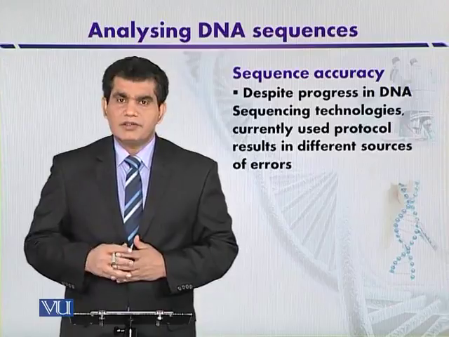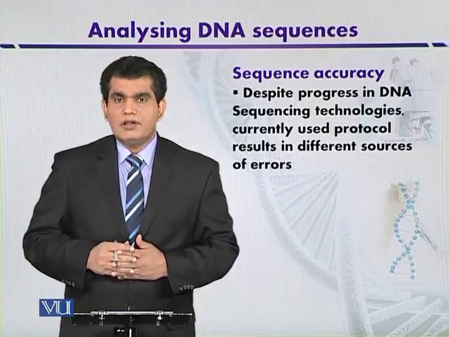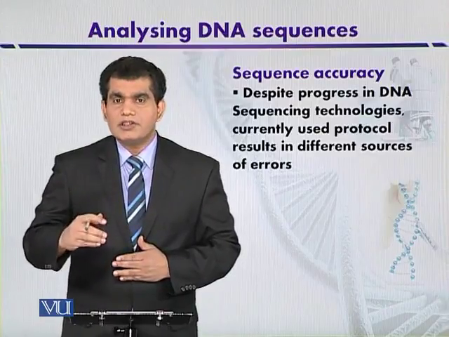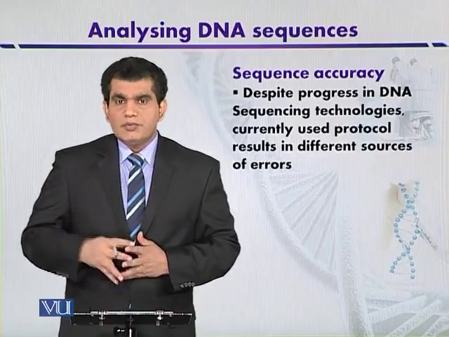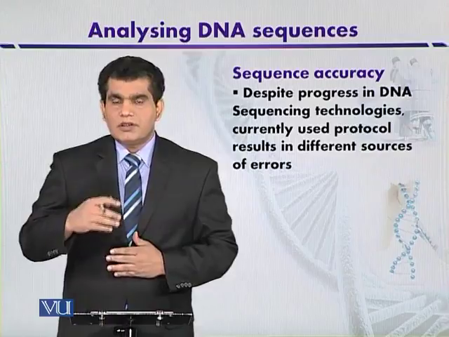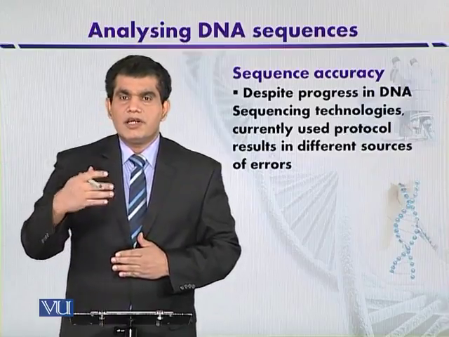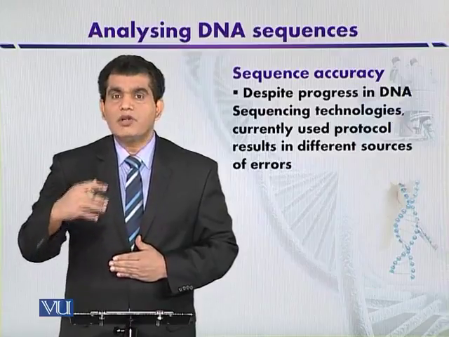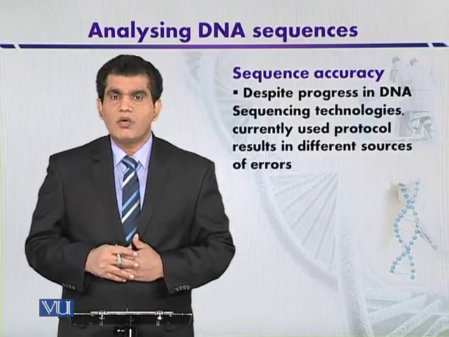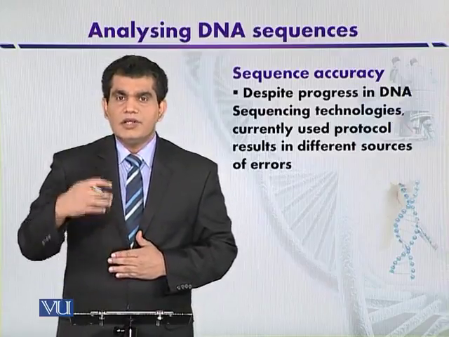And most of the errors that are introduced by such problems are related to base substitution. In addition to base substitutions, some problems related to DNA addition or deletions are also there. And in molecular biology, such problems are commonly called indels.